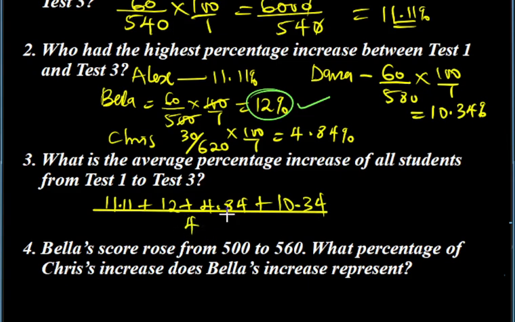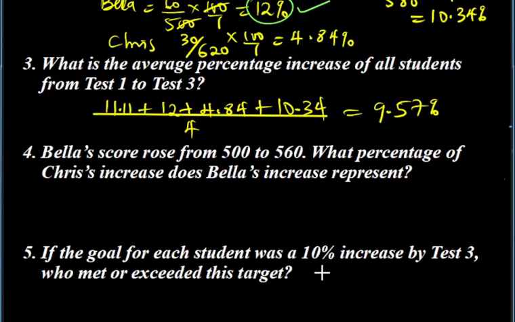By the time you calculate this and divide by 4, this will give us 9.57%.